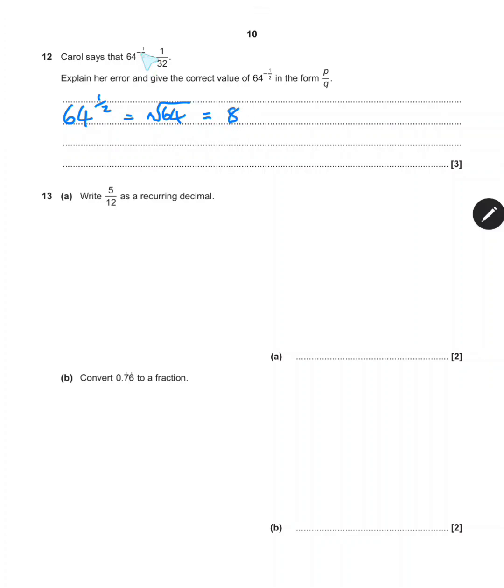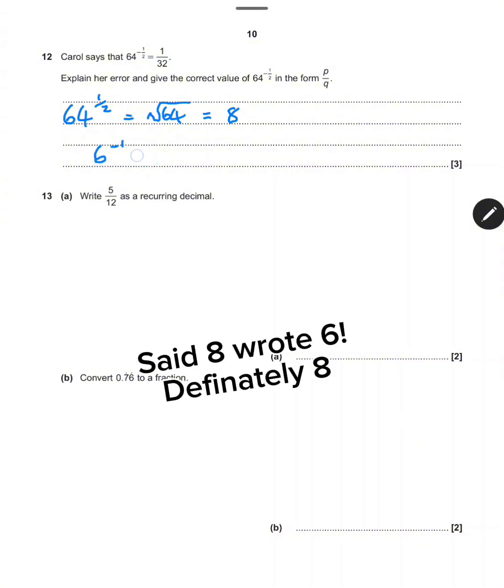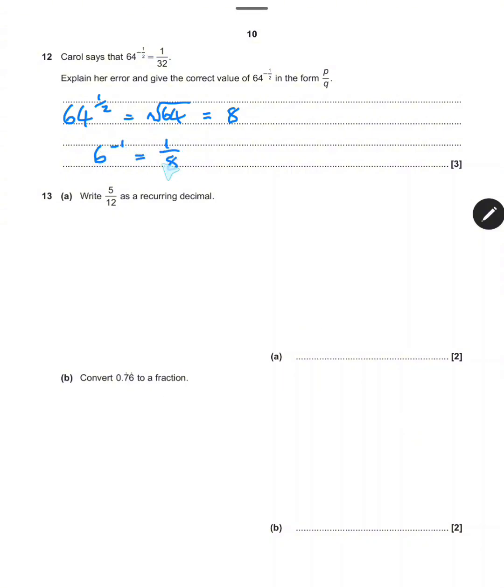And then we're going to raise that to negative 1. So 8 to the power of negative 1 is 1 over 8. The negative index just puts 1 over your number, or the reciprocal. So that is the correct answer. What was Carol's error? Well, she halved instead of square rooting.